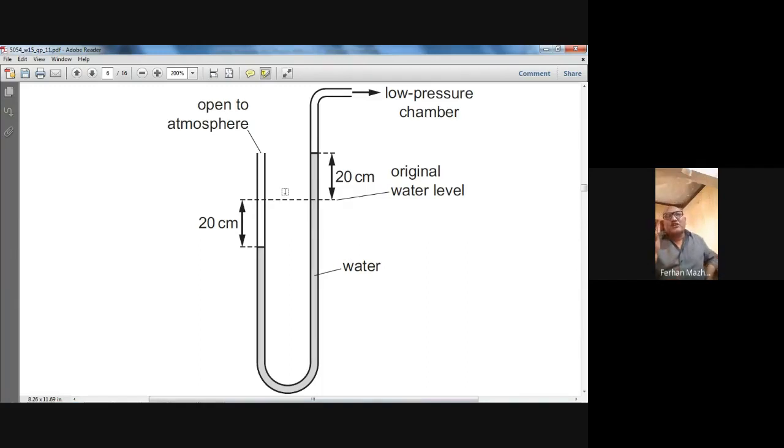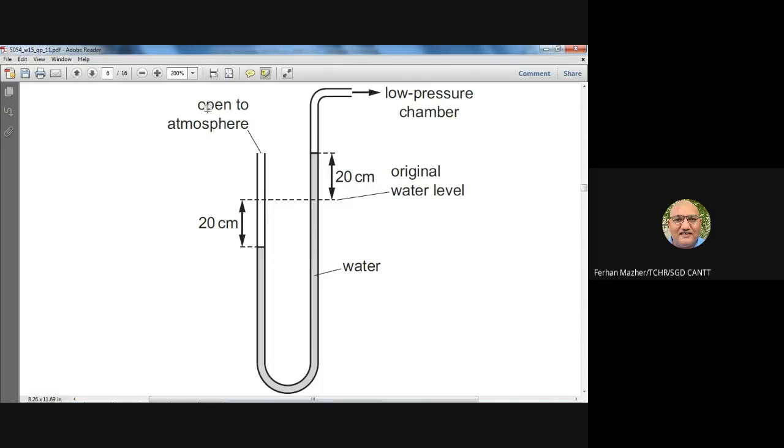This side is open to the atmosphere and this side is open to a low pressure chamber. So the pressure of this chamber is very low. The atmospheric pressure is larger. But how much lower? It is 40 centimeter of water lower.